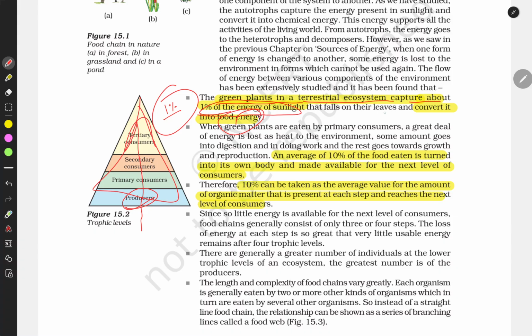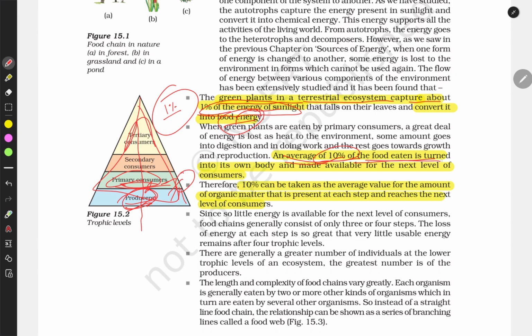When the producers are consumed by the primary consumers, who are herbivores and depend only on plant-based food, they get an average of 10% of the energy of the producers.